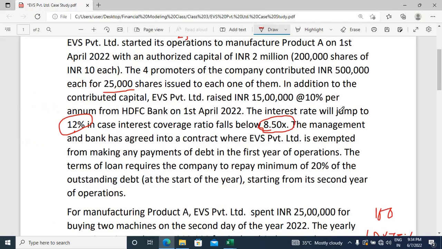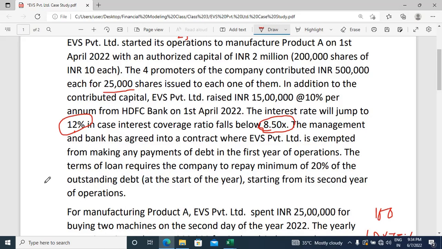What is now written here? Let us see. The terms of loan requires the company to repay minimum of 20% of the outstanding debt.